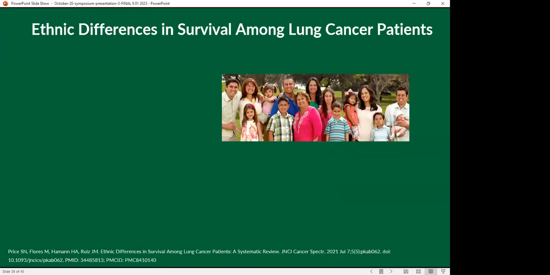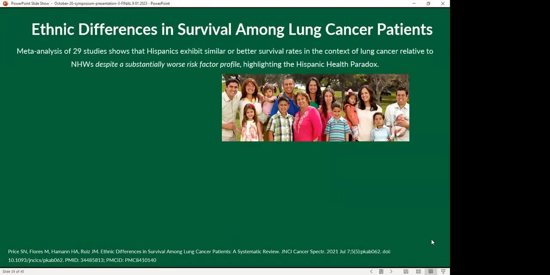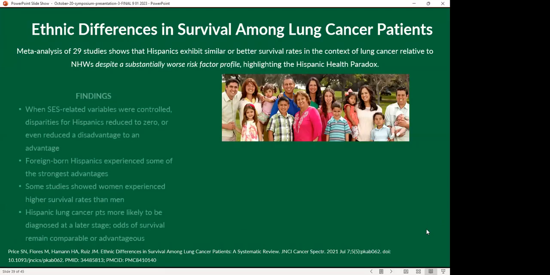And I wanted to show you about the ethnic differences in survival among lung cancer patients. And this was a meta-analysis of 29 studies, which shows that Hispanics exhibit similar or better survival rates in the context of lung cancer relative to non-Hispanic whites, despite a substantially worse risk factor profile, highlighting the Hispanic health paradox.